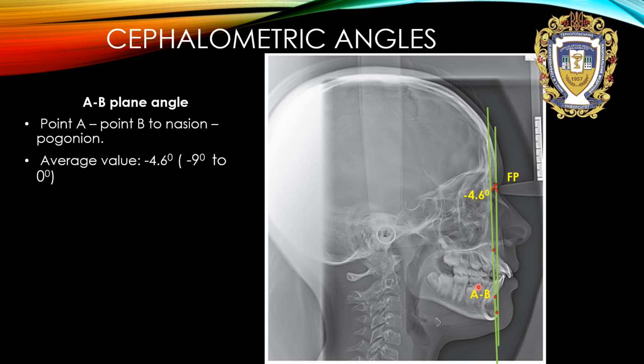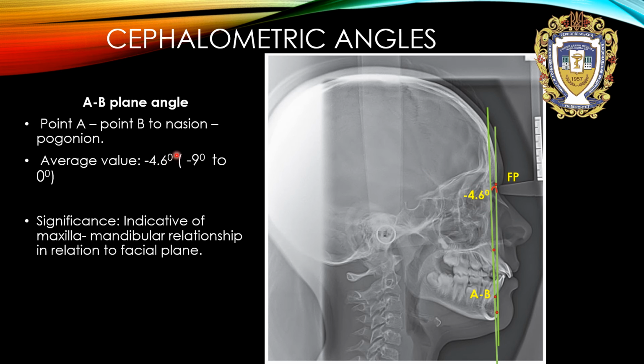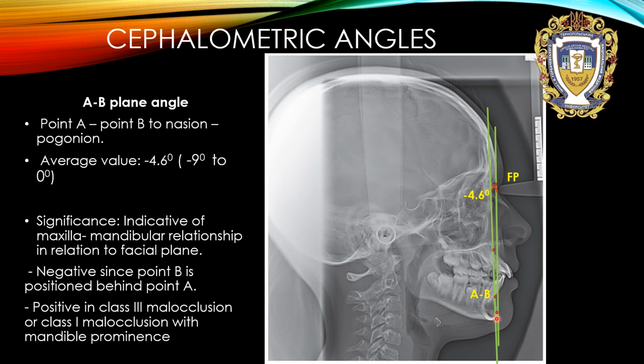Average value minus 4.6, but can be minus 9 degrees to 0. Significance: indicative of maxillomandibular relationship in relation to facial plane or facial vertical line. Positive in class 3 malocclusion or class 1 malocclusion with mandible prominence. Negative since point B is positioned behind point A.